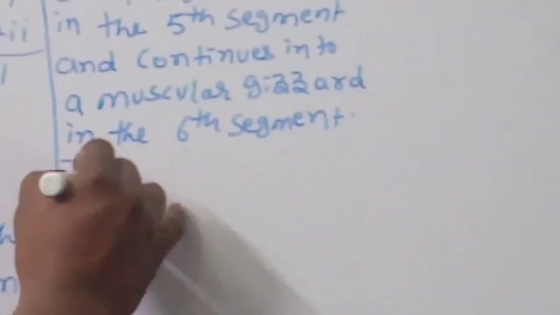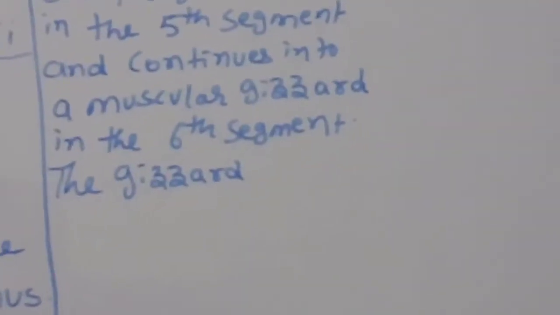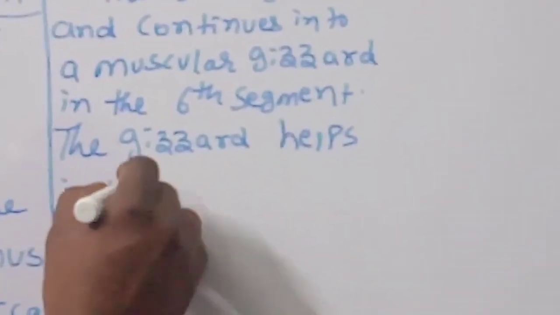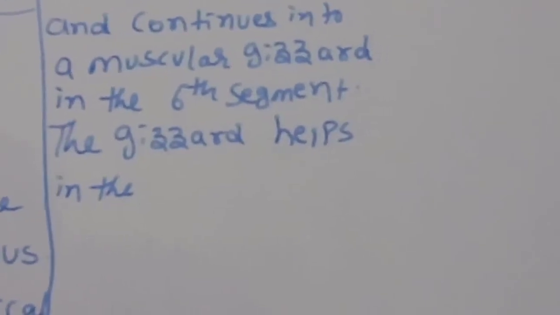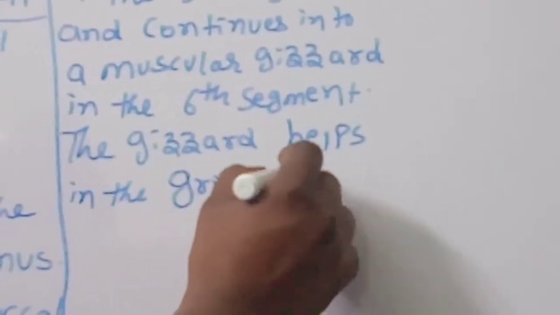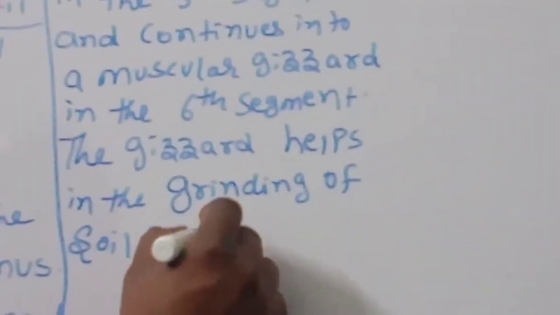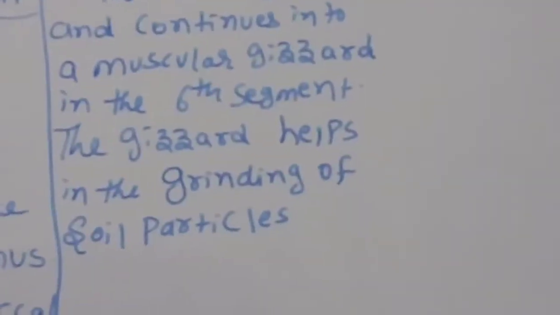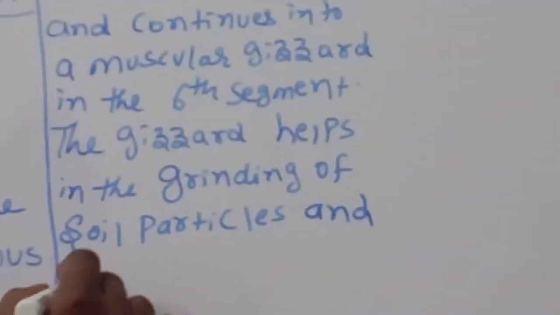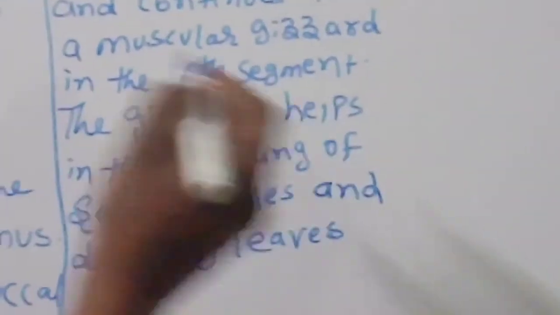The gizzard helps in the grinding of soil particles and decaying leaves.